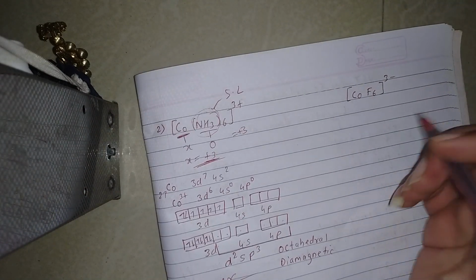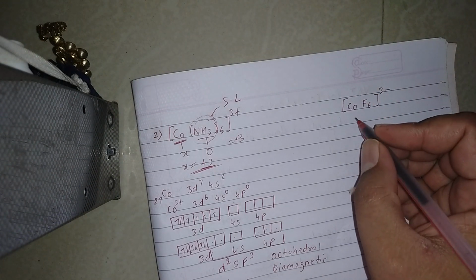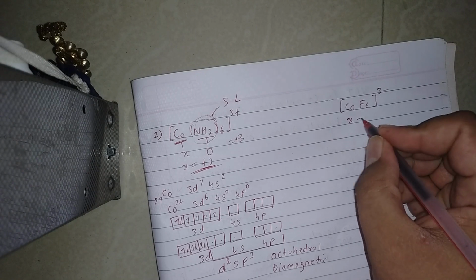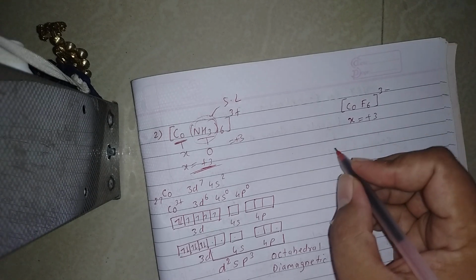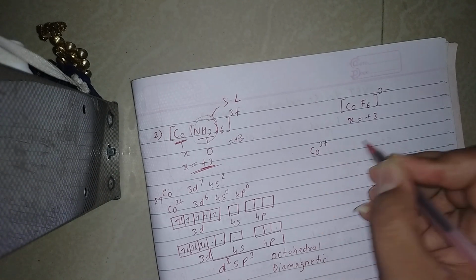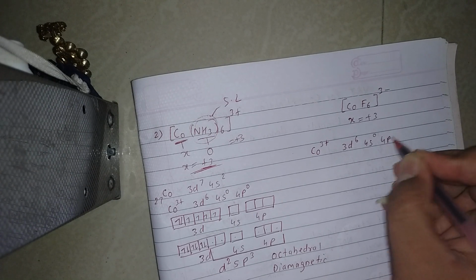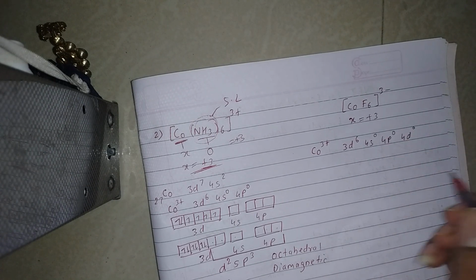Let's take one example with the weak field ligand. Same cobalt. So here the oxidation state of the cobalt again is plus 3. So I'm directly writing the orbitals of cobalt 3 plus, that is 3d6 4s0 4p0 4d0.